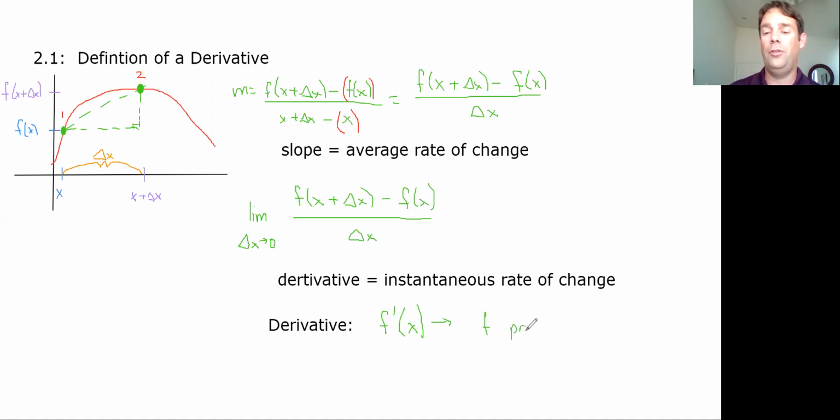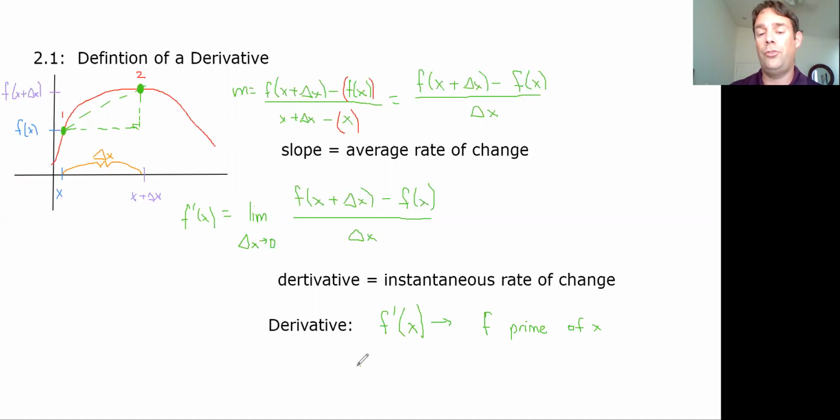So the apostrophe is the word prime. F prime of x. So it's not f apostrophe x, it's f prime of x. And so we can use that symbol here to represent this difference quotient. When the difference between the two values is 0, well, that's a derivative. That's instantaneous rate of change.